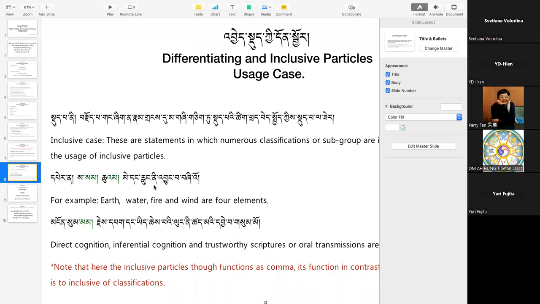And the way the particles are used is quite similar to the way we used them during the differentiating case. But this is what actually changes the nature of the particular statement.